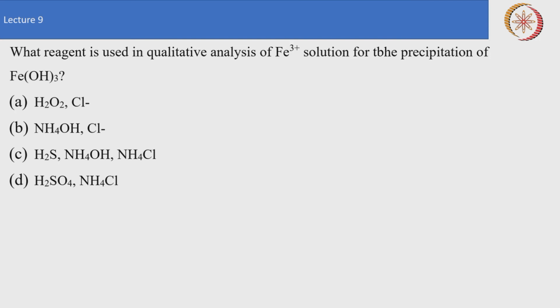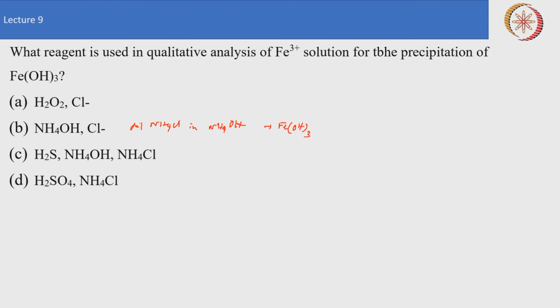Surya has answered B. Sweta also B. Sajal also B. Yeah, B is the right answer. So basically, in this solution, dilute ammonium chloride is present in the ammonium hydroxide solution.